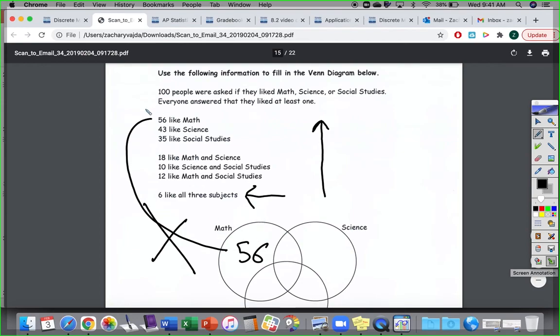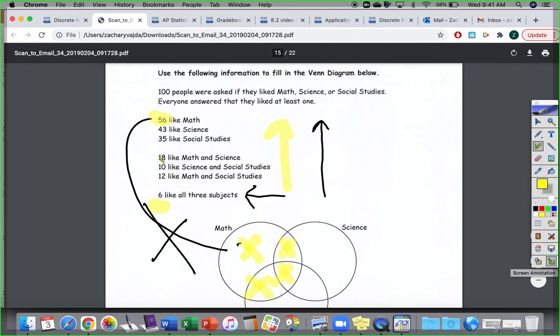No. What 56 like math is saying is that this one, this one, this one, and this one, the math circle, sums to 56. So that's why it's better to work from the most unique and go backwards.